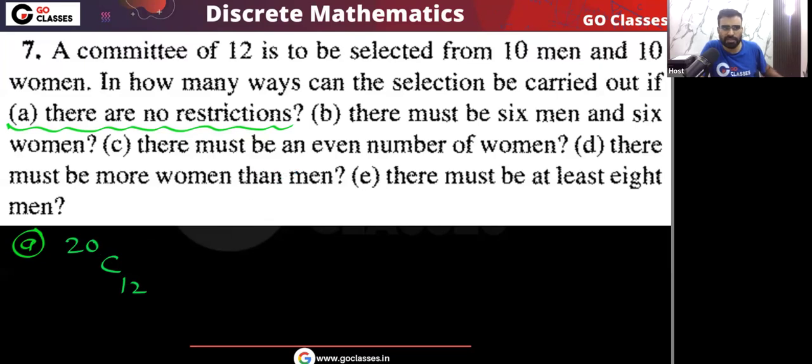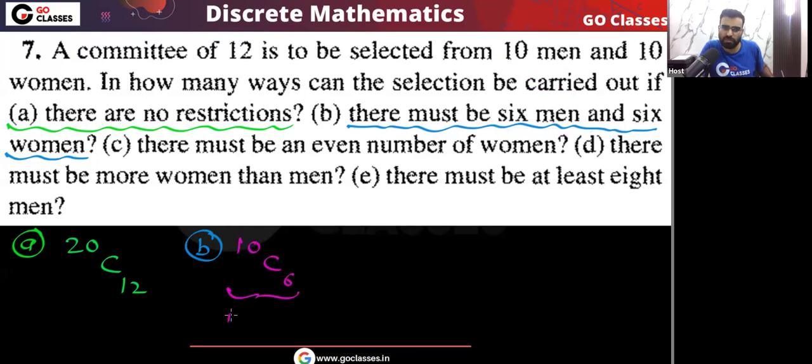Let's see what will be the answer for part B. Part B is saying that there must be 6 men and 6 women. So remember, we want 6 men. From 10 men, we can select 6 men.